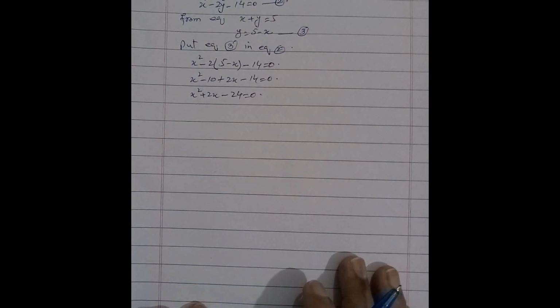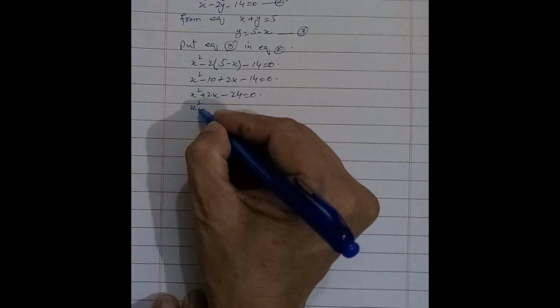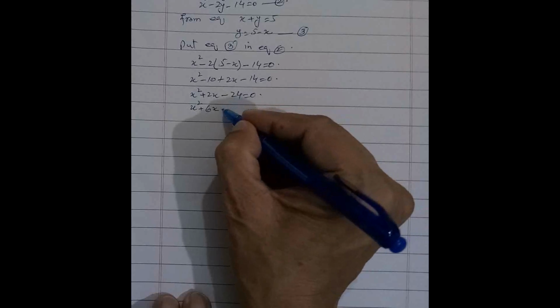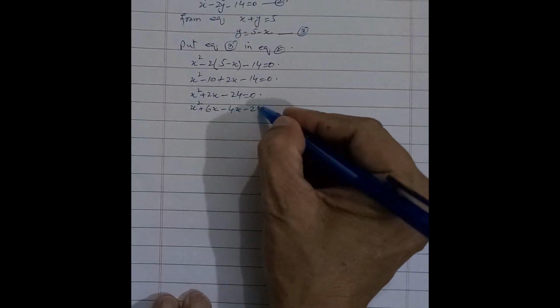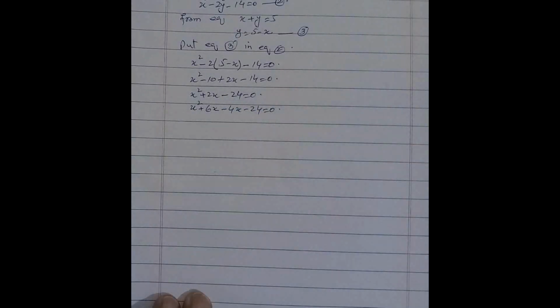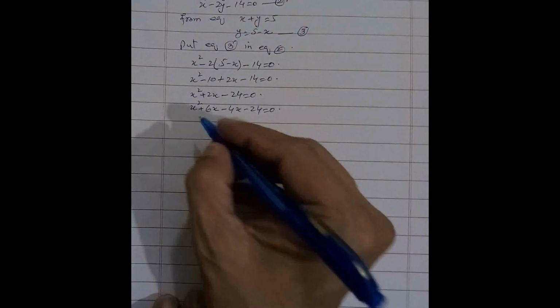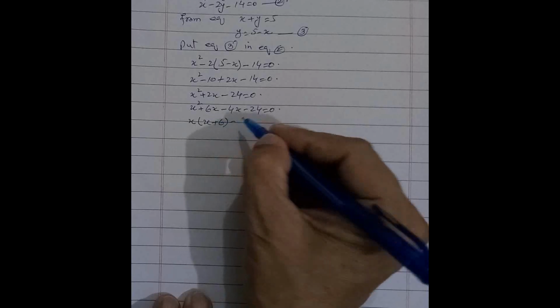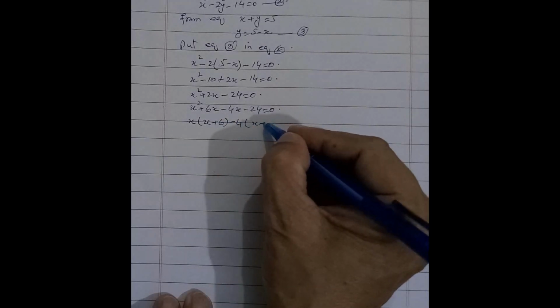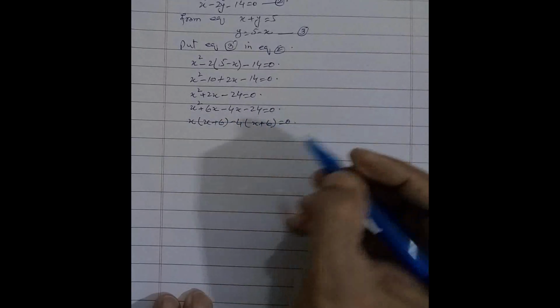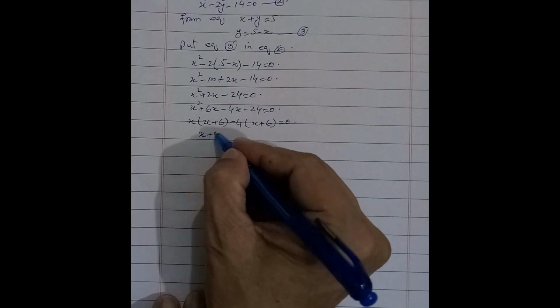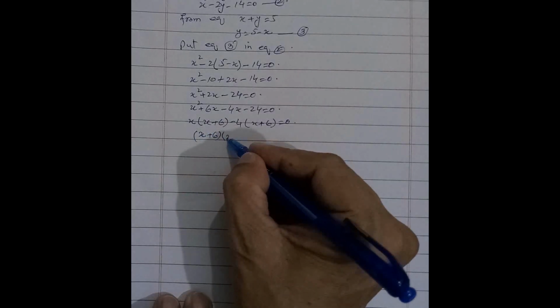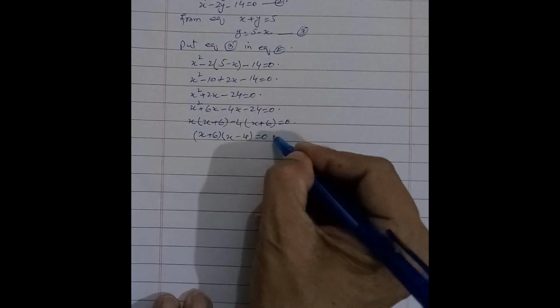Now we factorize the equation, which is x square plus 6x minus 4x minus 24 is equal to 0. Here x take common, x plus 6, and the other is minus 4, x plus 6 is equal to 0, and the answer is x plus 6 and x minus 4 is equal to 0.